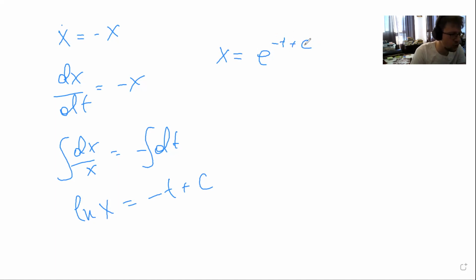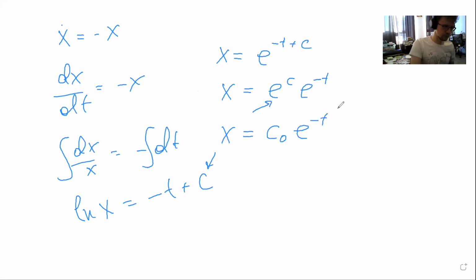Well, we can actually open those things using the power rule. But this is just a constant, right? Hence, a power to the unknown constant is just an unknown constant. So we can rewrite it as such. And that is a solution.